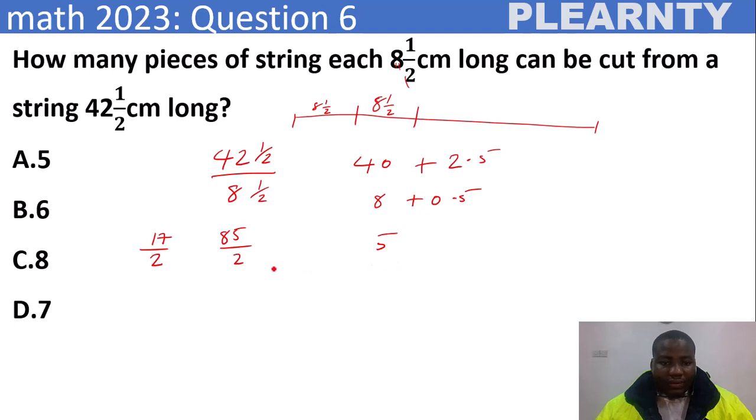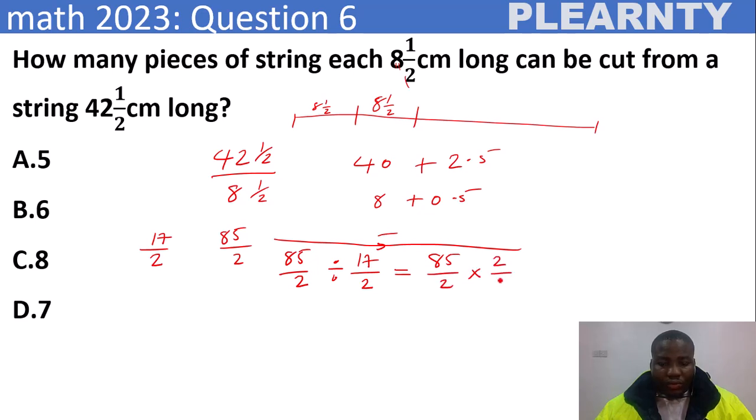So you now want to say 85 over 2 divided by 17 over 2. This is same as saying 85 over 2 times 2 over 17. 2 cancel out 2. So if you say 85 divided by 17, if you punch it in calculator, you will still get 5. And that's our final answer.